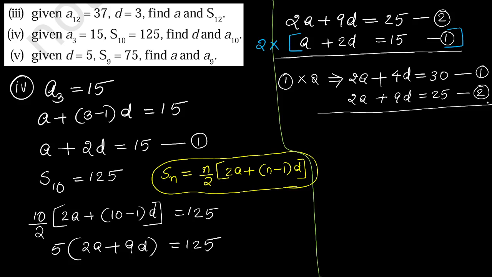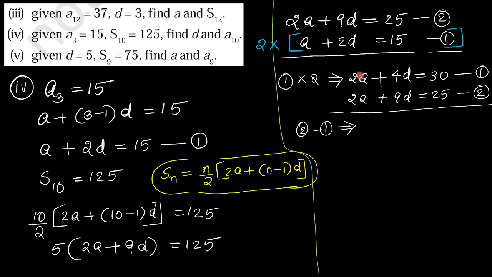Now you look at these 2 equations. Can I eliminate a? Yes. By subtraction, either 1 minus 2 or 2 minus 1, 2a can be eliminated. We prefer the elimination method for solving. Equation 2 minus 1 gives: 2a minus 2a cancels.